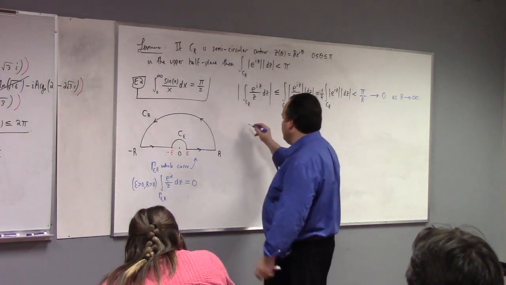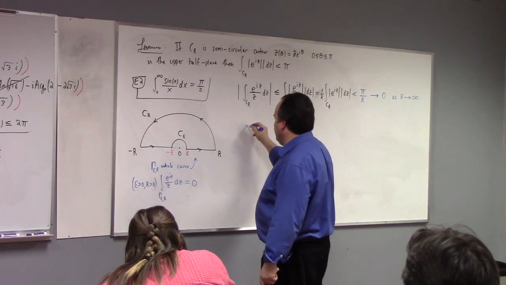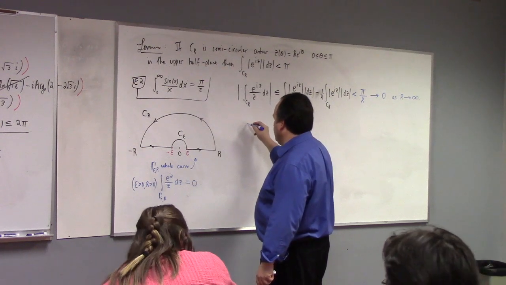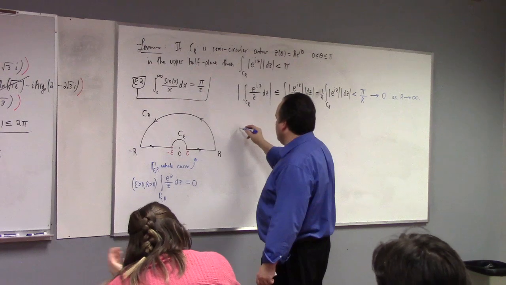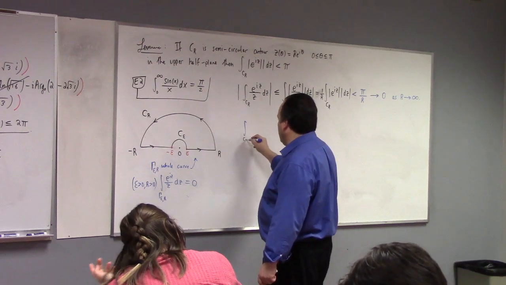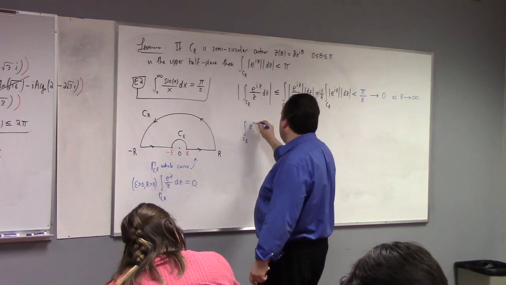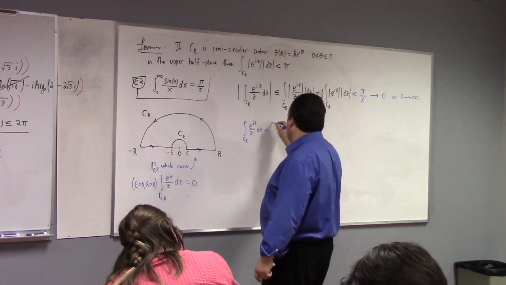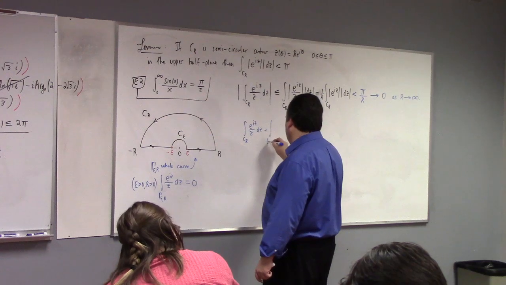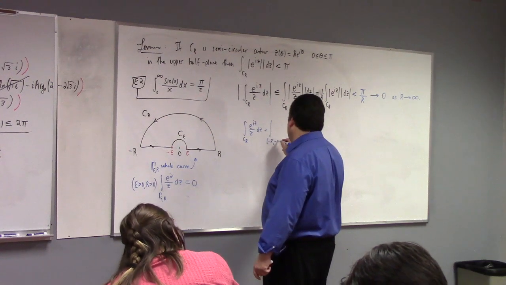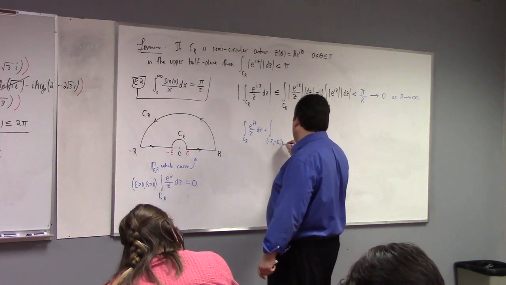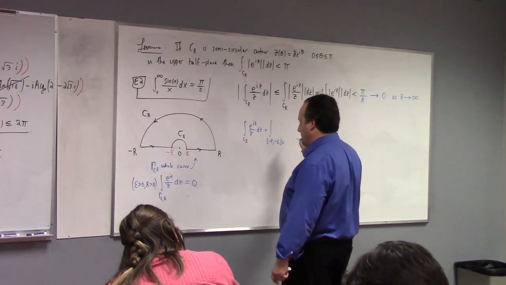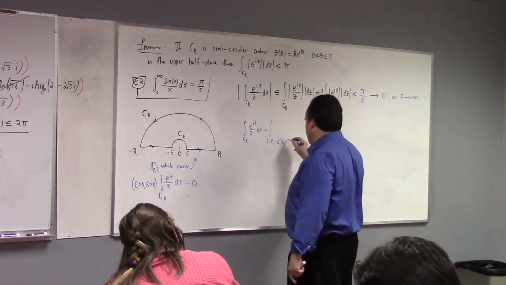So let's put it all together. I'll just write it all out. We have the integral over CR of e to the iz over z dz, plus the integral from minus r to minus epsilon, and I'm just going to union that with the other one, epsilon to r, so I don't have to write so much.